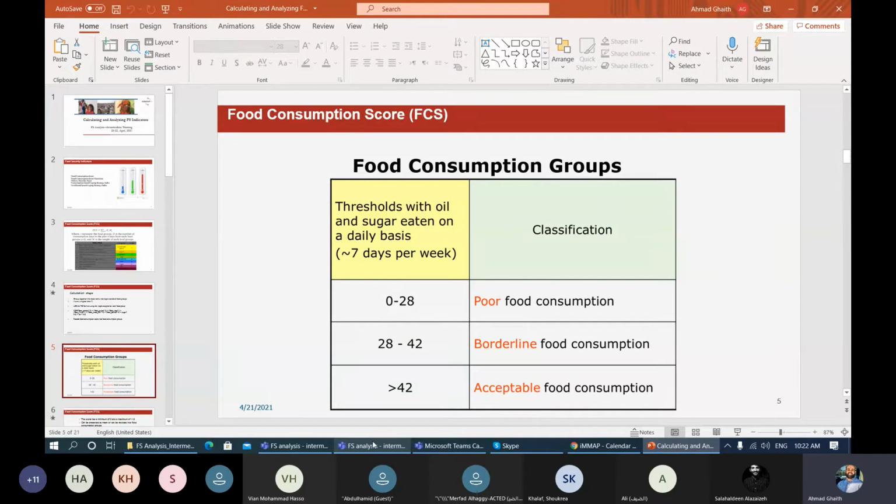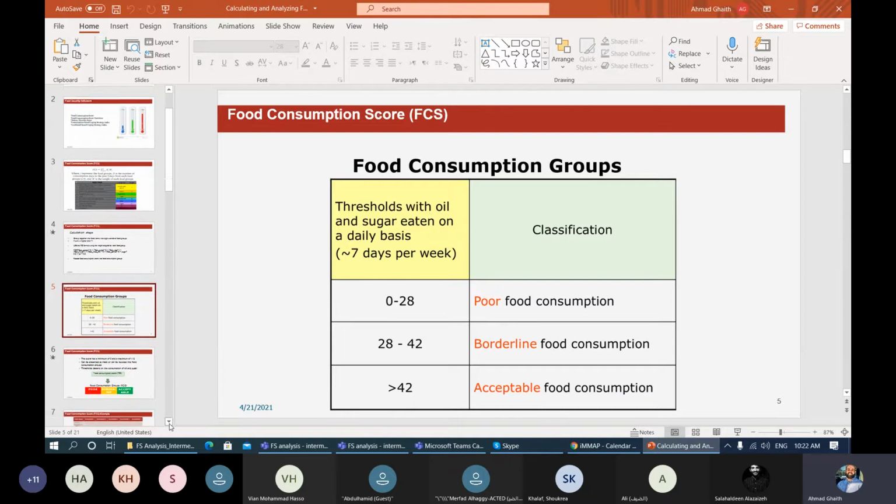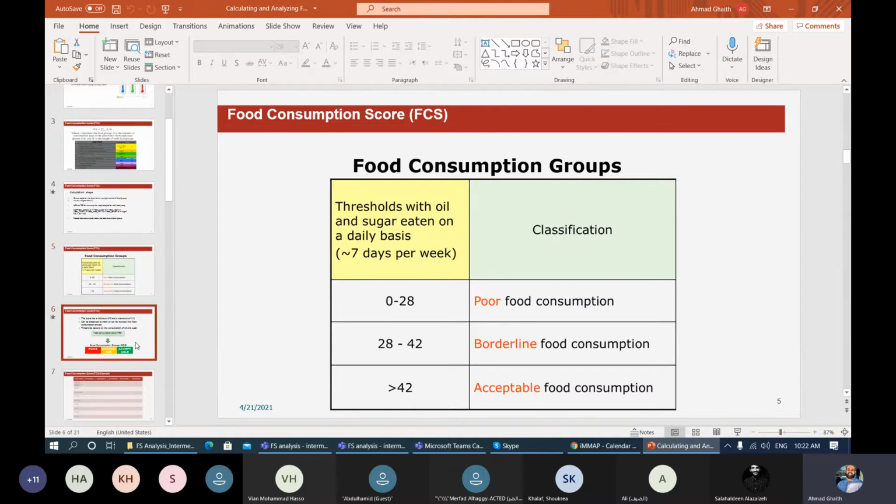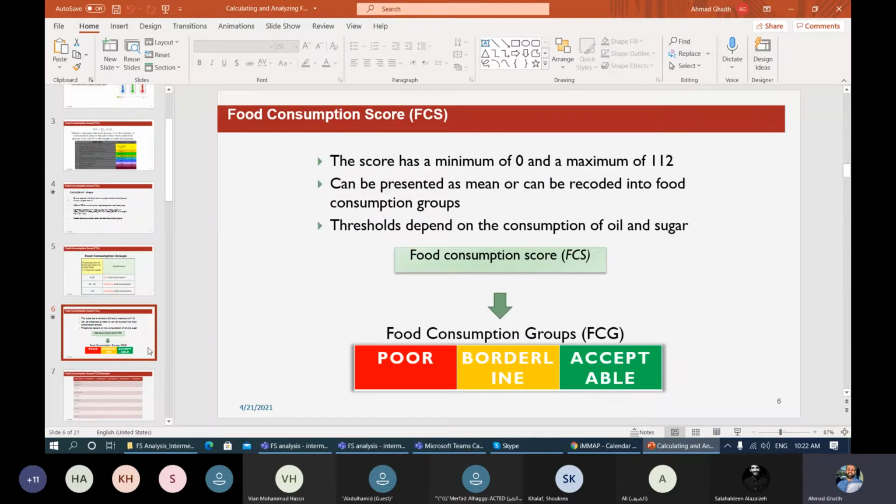But for the purpose of a rough estimate, is this family consuming an adequate amount of food to meet their needs? We call them acceptable. And we'll get into the consumption and livelihood-based coping strategies a little later.